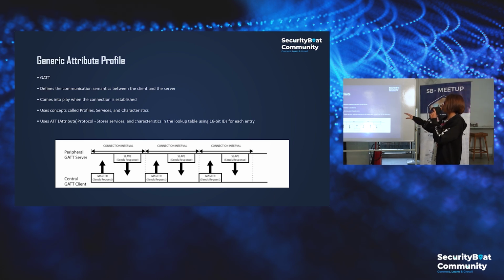It uses concepts like profiles, services, and characteristics. Now this is important. In a fitness tracker, multiple things happen. Footsteps are calculated, heart rate monitoring happens, you can calculate BP. There are multiple things, and these are called profiles. Now what are services? For a better understanding, take footsteps.